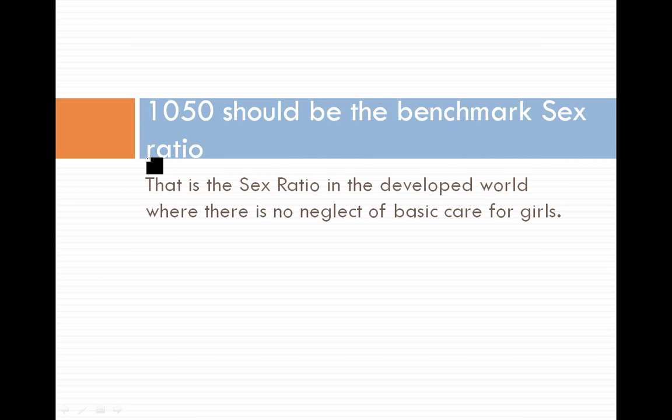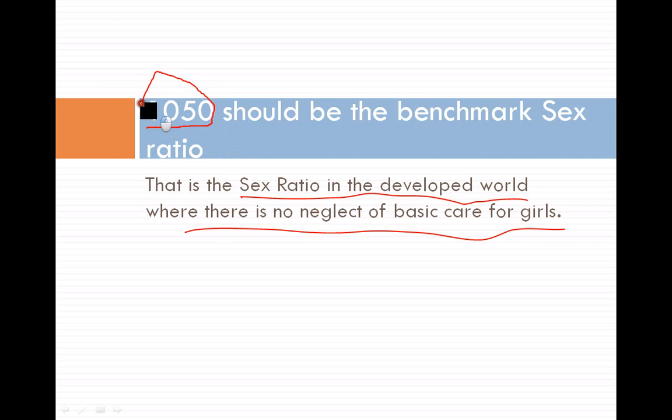Professor Amartya Sen, on the other hand, argued for having an empirical sex ratio as the benchmark, which is based on the sex ratio in the developed world, where there is no neglect of basic care for girls as against the developing world. So, on average, in the developed world, 1050 is the sex ratio.